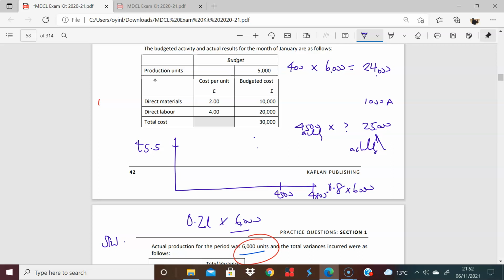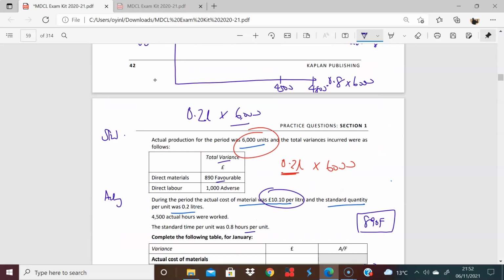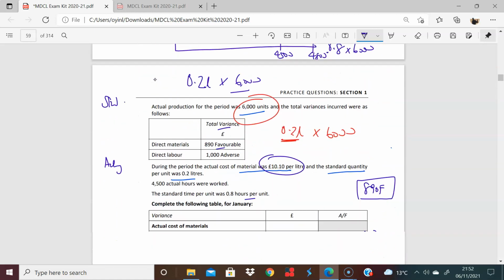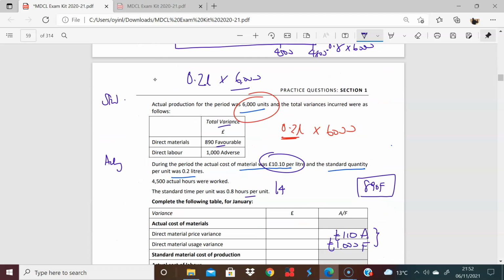So it says here, in terms of the pricing, that you spend £4 per unit, right? And you need 0.8 hours per unit.